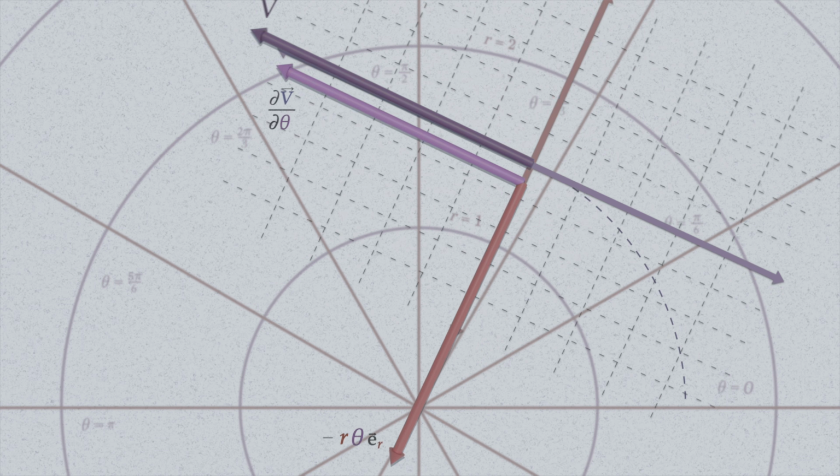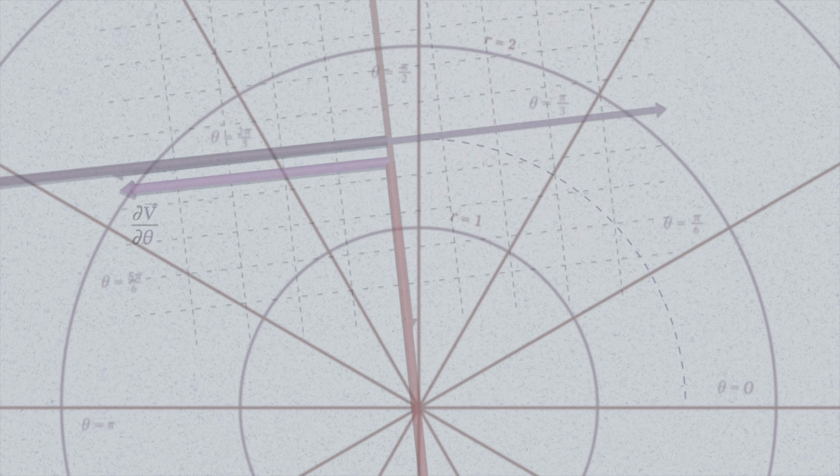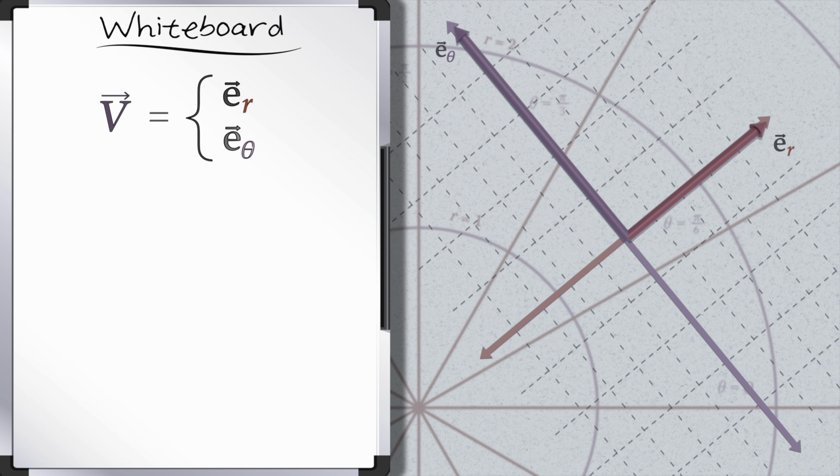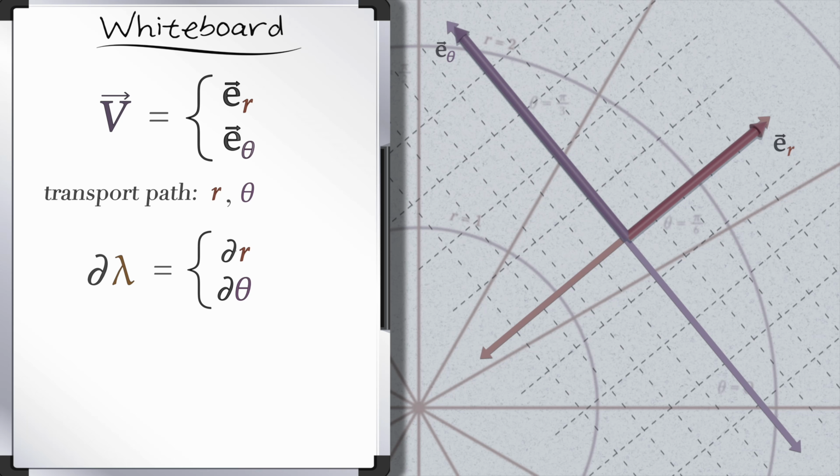Now, it's important to note that if we had instead chosen as our vector v either of the polar basis vectors, er or e theta, and chosen as our transport path either of the coordinate directions, r or theta, and subsequently parameterized that path via its respective coordinate distance, then, by design, the covariant derivative merely reduces to the respective Christoffel components there.